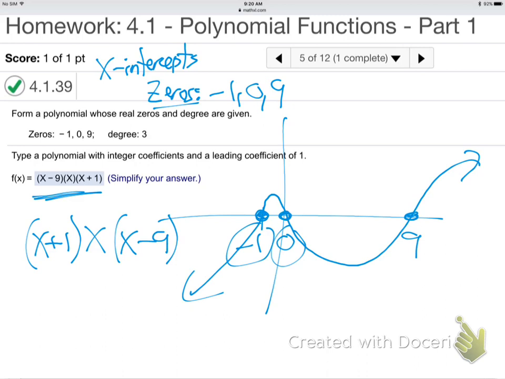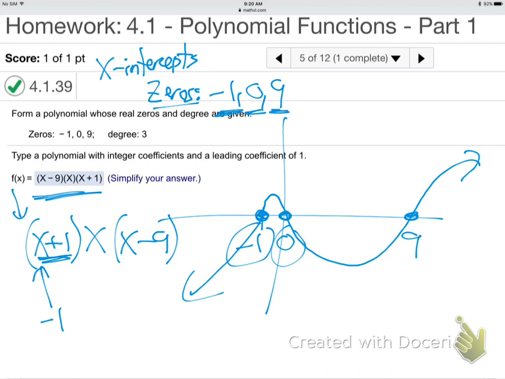Well, because this is what f of x equals, because we're making something for which negative 1, 0, and 9 are zeros. Meaning, if you plugged in negative 1 there, it would make that piece 0, wouldn't it? We good? Everybody see what I'm saying there? If you plugged in negative 1 plus 1, that piece would be 0.